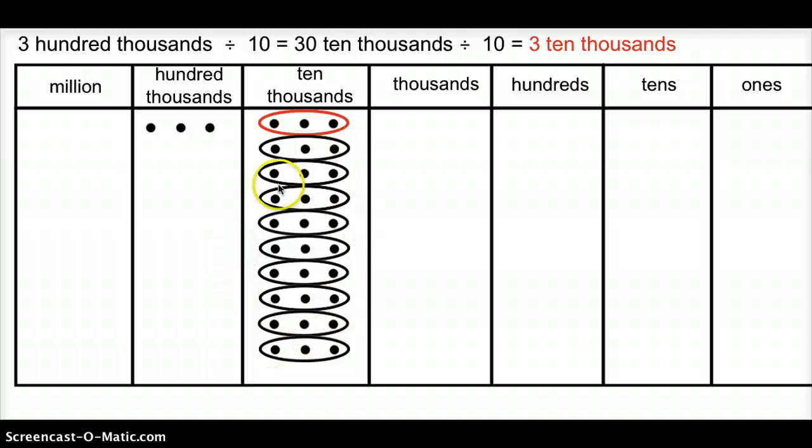I have a much larger group to work with here, and if I put these into 10 groups, then I look at one of those 10 groups, I see that I have 1, 2, 3 10,000s in one of my 10 splits. 300 thousand divided by 10 is 3 10,000s. 3 10,000s in standard or number form is 30,000.